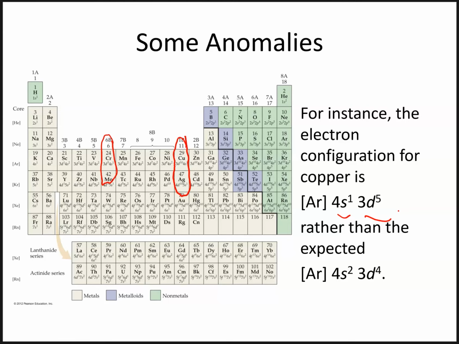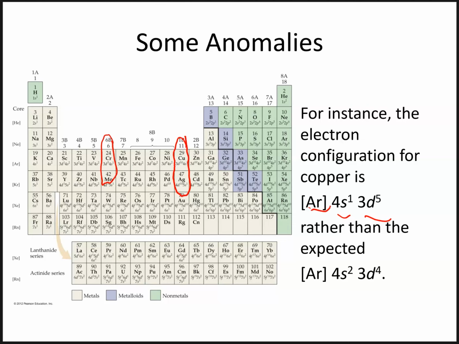So chromium has an electron configuration of 4s1, 3d5. Copper has a configuration of 4s1, 3d10. And so what we find is that these atoms are more stable than other elements in their same row.